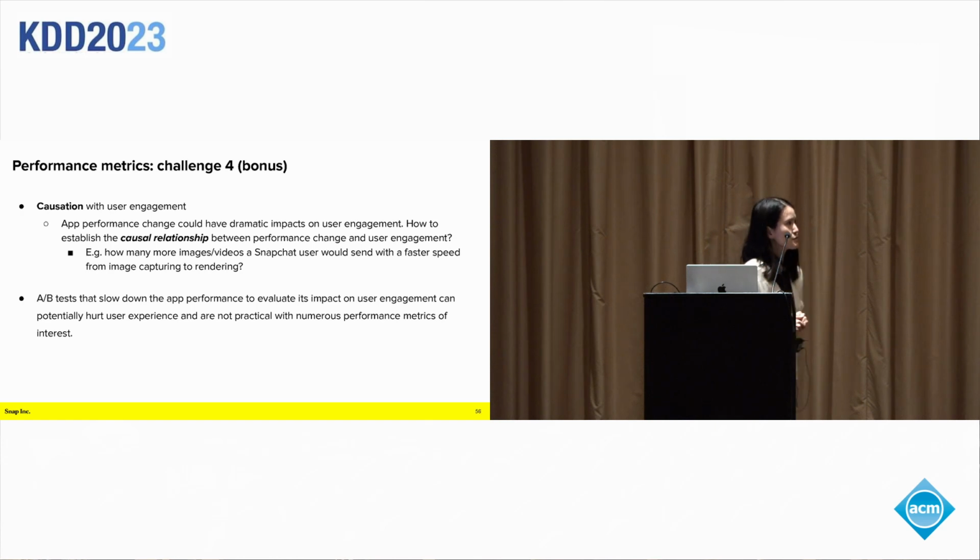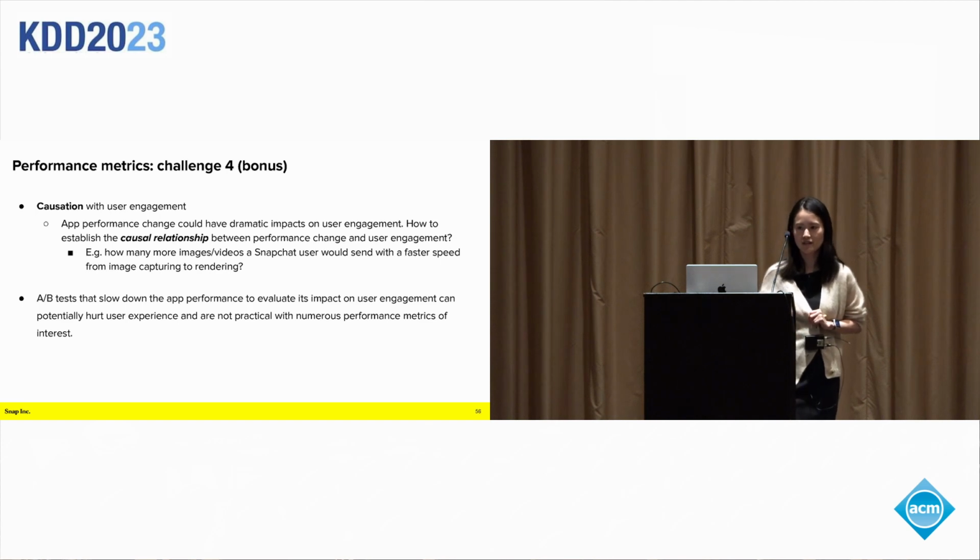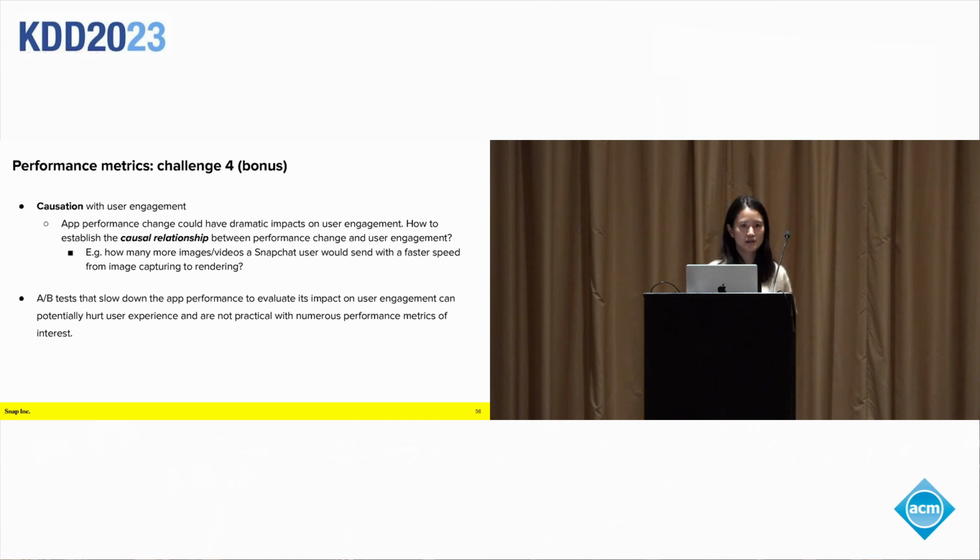Okay, so after we take a look at the previous three challenges, there actually is another bonus challenge for performance metrics, about the causation of performance metrics with user engagement. This is because we know a performance change could have a dramatic impact on user engagement.